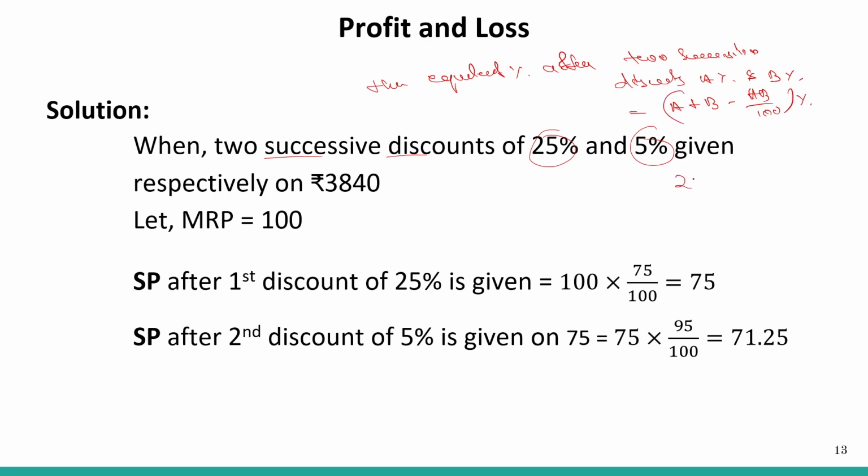So it is 25 plus 5 minus 25 into 5, which is 125 by 100%, right?